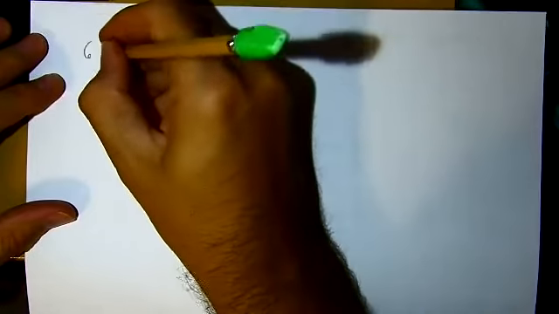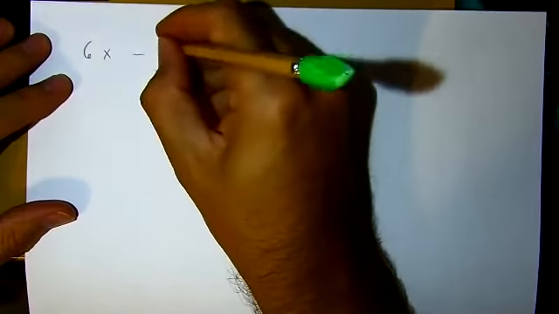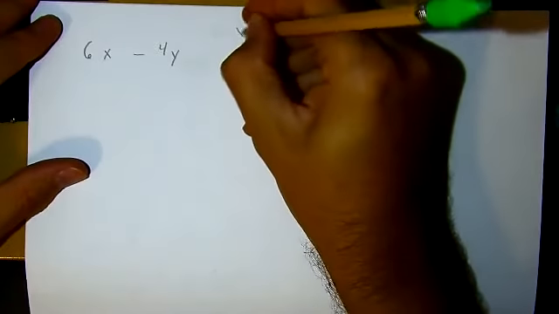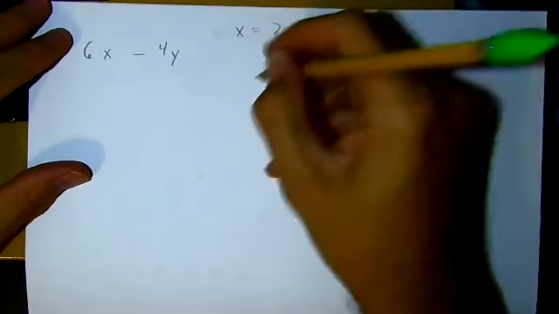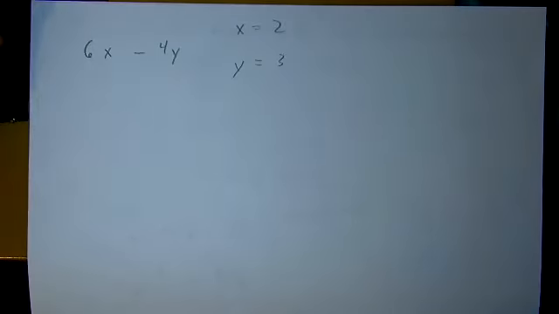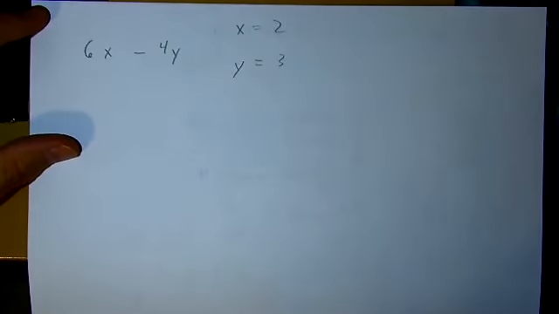So you can have multiple letters or variables in a problem. For example, that. They're going to tell you what x is, and they're going to tell you what y is. And these can be negatives. We'll do some negatives in a minute.